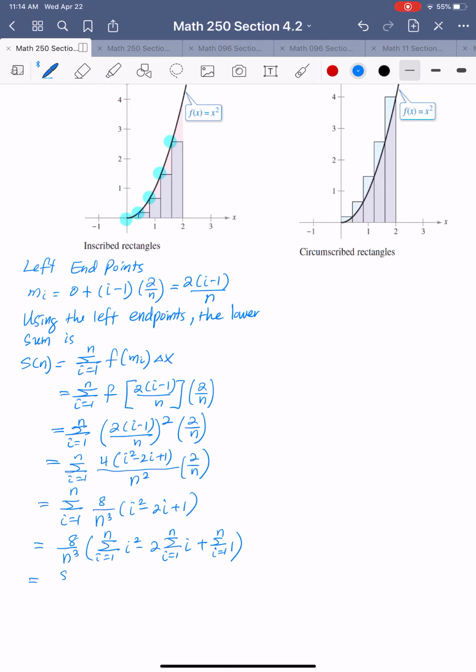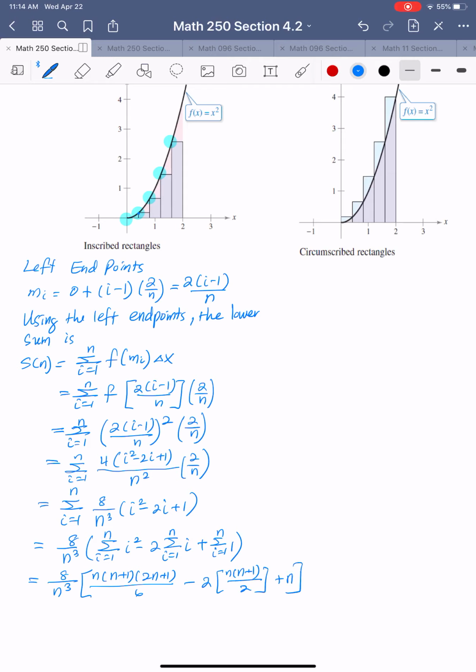Then I get 8 over n cubed, and the formula for the sum of i squared is n times n plus 1 times 2n plus 1 over 6, minus 2 times the formula for the sum of i, which is n times n plus 1 over 2, and the sum of 1 is n.